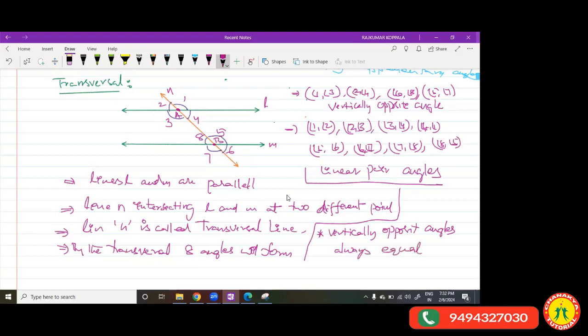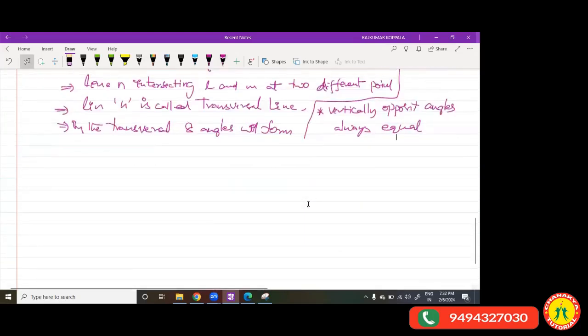Or not? See, we will see one example. For example, if I take this angle as 60 degrees, then this angle, how much? Linear pair, no?